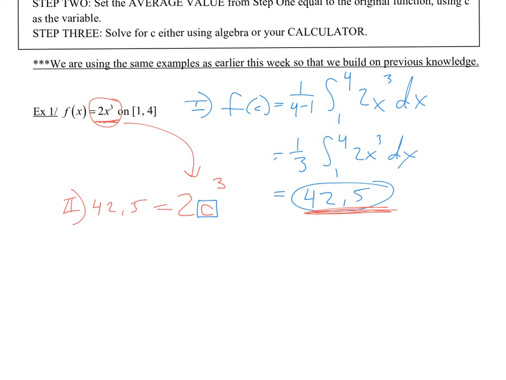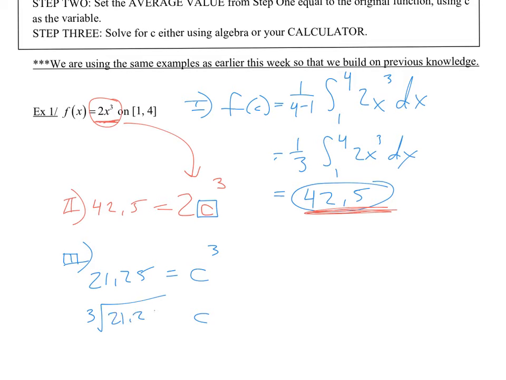Now, if I am doing this using some traditional mathematics, I'll do 42.5, I'll divide both sides by 2. That'll be 21.25 equals c cubed. So this is step 3 here. And then I would take the cube root of both sides.